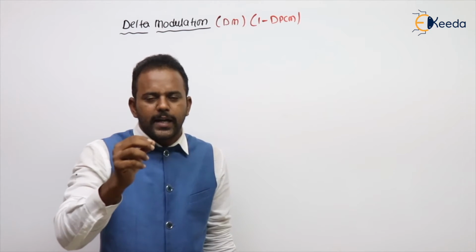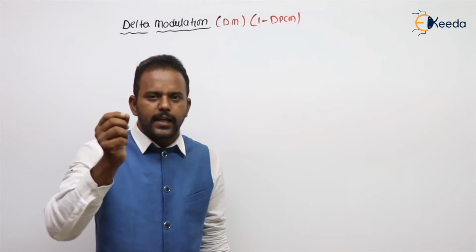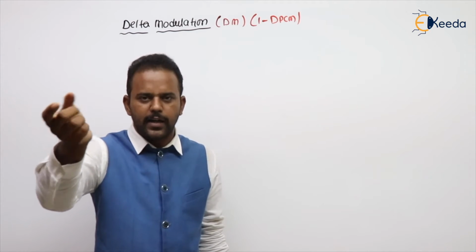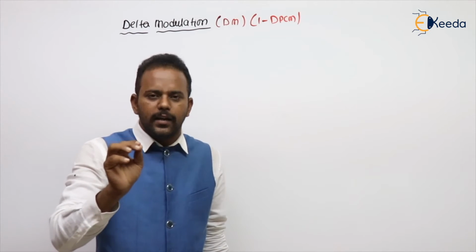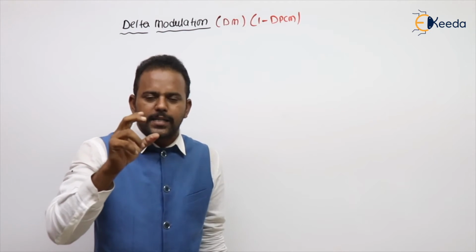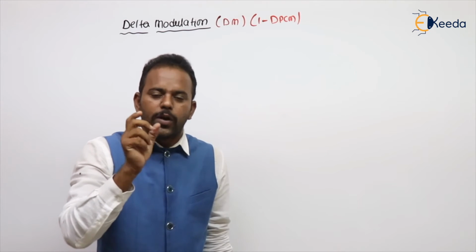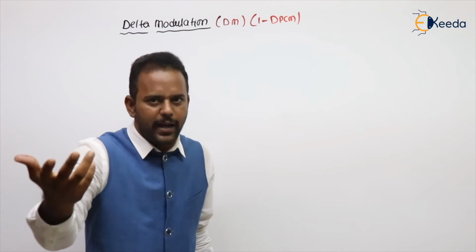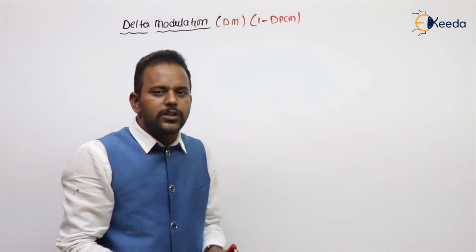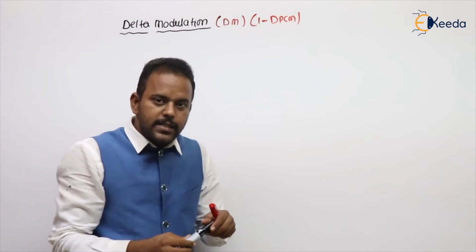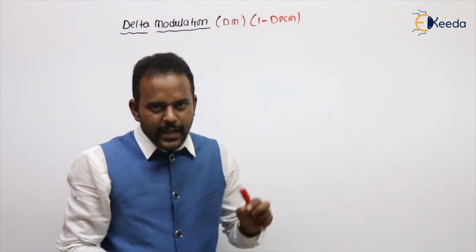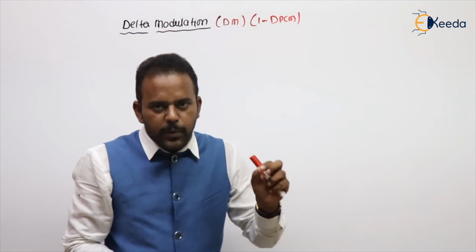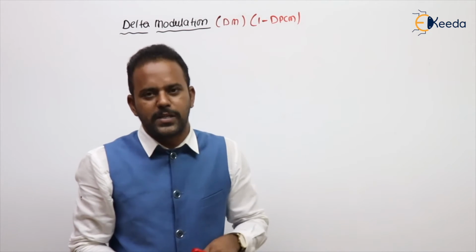If I take the exact value of delta, that is called the optimum value of delta, denoted with delta OPT, then we can reconstruct the original message exactly back. And what is the condition we have? The reconstructed signal shape should be the same as the original message.